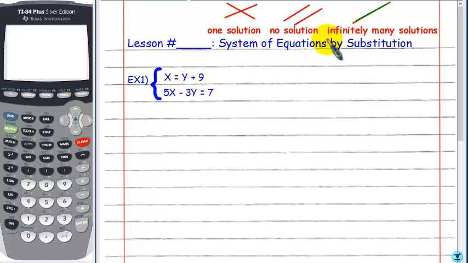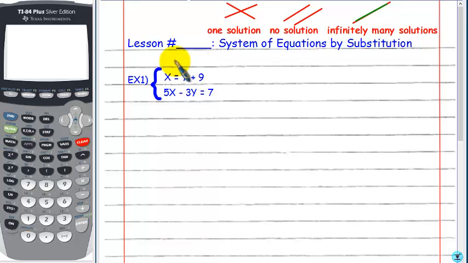Today we're going to do system of equations by a second method called the method of substitution. Let's look at example number 1. Here I have two equations, and one of them has the letter x alone, and the other one does not have a letter alone. For the system of equations by substitution, you have to have at least one of the letters by itself.